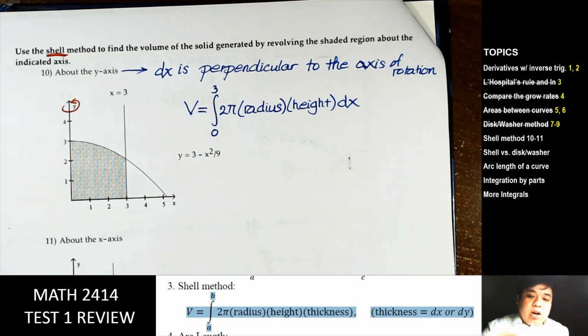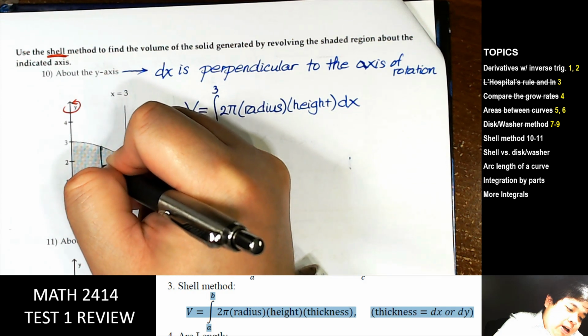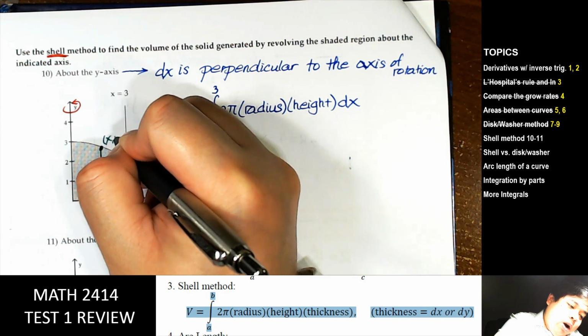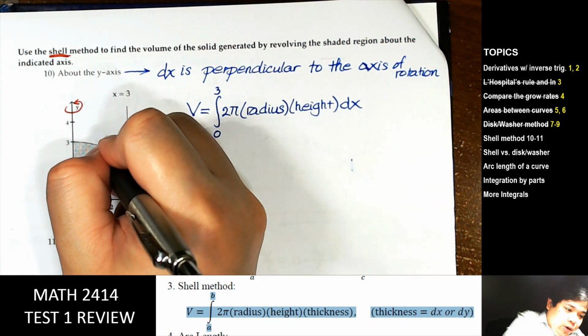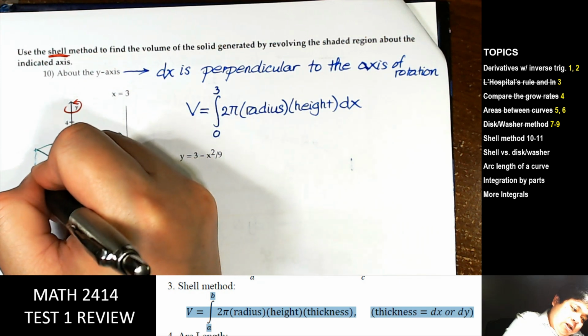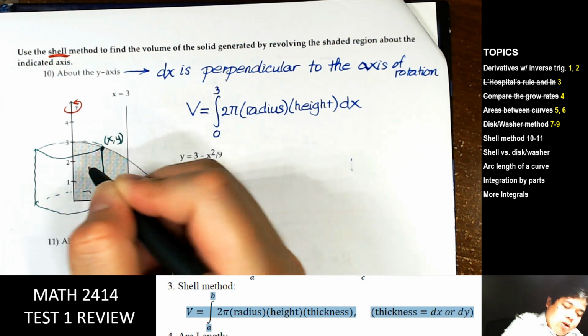Next, we're going to draw a shell, a cylinder, that is. Let's just pick a point like this. That point is going to have the xy coordinate, and we rotate about the axis of rotation. So it looks like that.